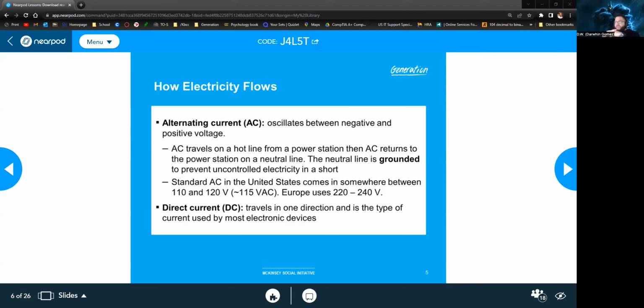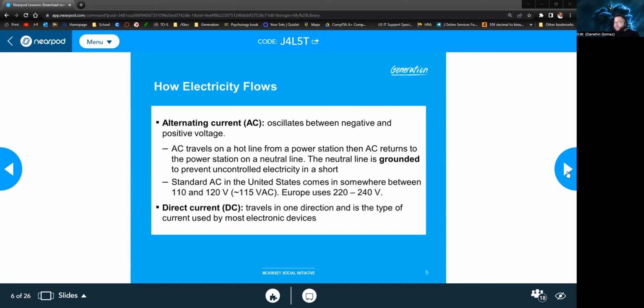If they were expecting a certain amount of volts and they're getting a higher, if that current happened to spike, it'll fry that. And if it happened to be low, then it's not getting enough power. So that's why we need to be able to find something to convert the alternating current into direct current, and that's why we have power supplies. That is the main job of our power supply.